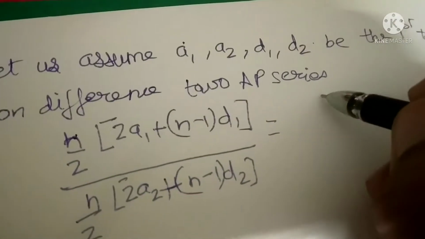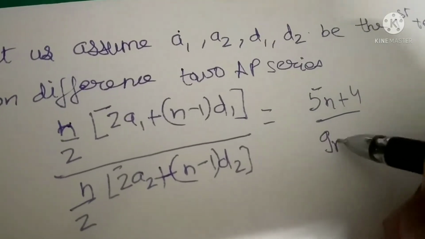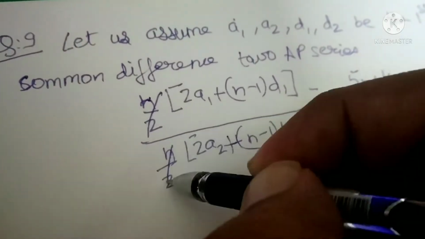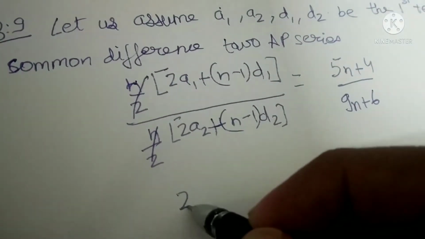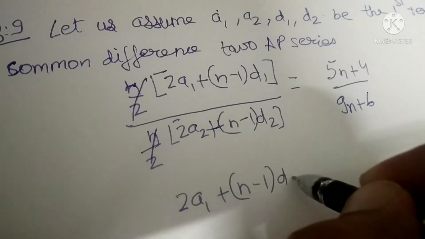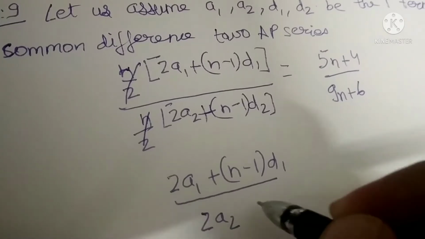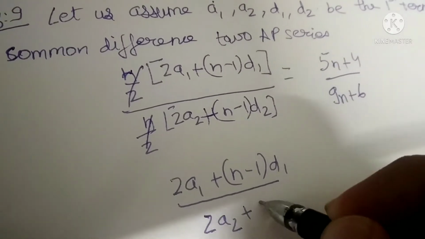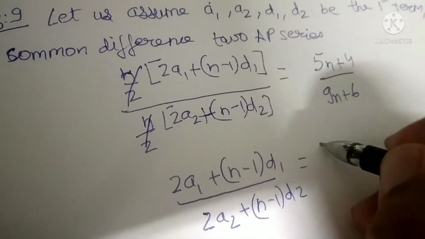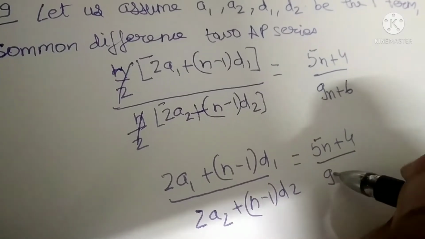So this n by 2 gets cancelled. We are left with 2a1 plus n minus 1 whole into d1 divided by 2a2 plus n minus 1 whole into d2, which is equal to 5n plus 4 divided by 9n plus 6.